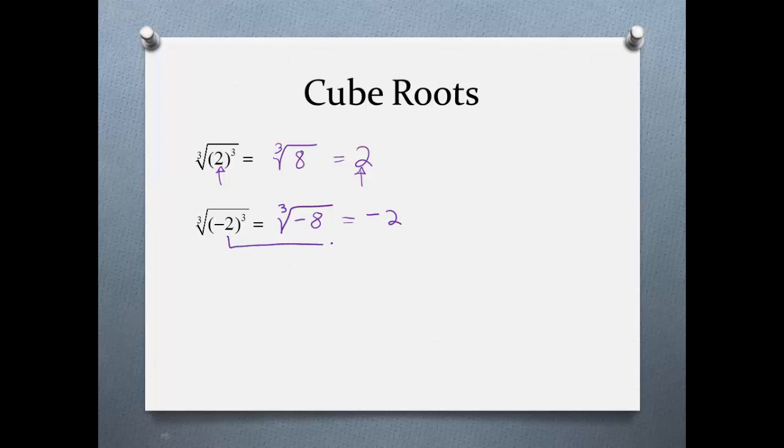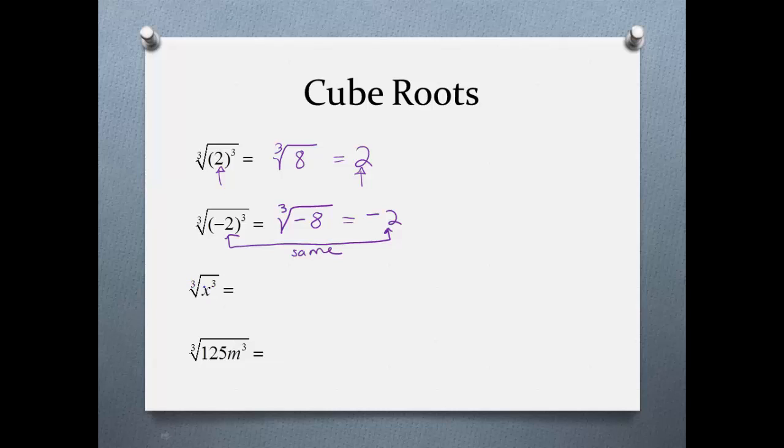So when we have odd roots and exponents, we actually get the exact same thing. We don't have any examples of when it forces the answer to be positive. So as a result, we don't have to worry about absolute values when we have odd roots.